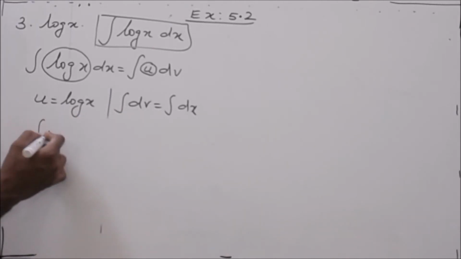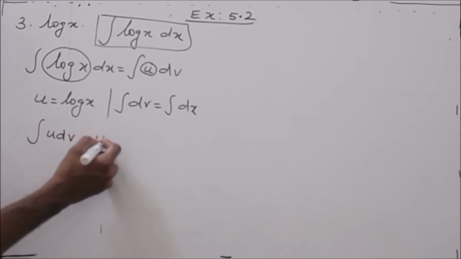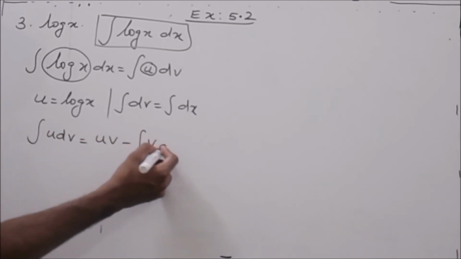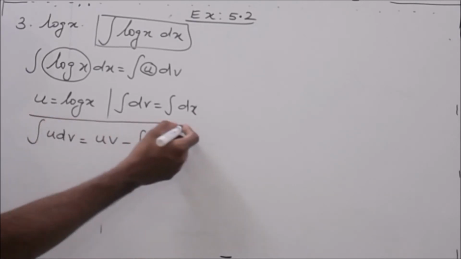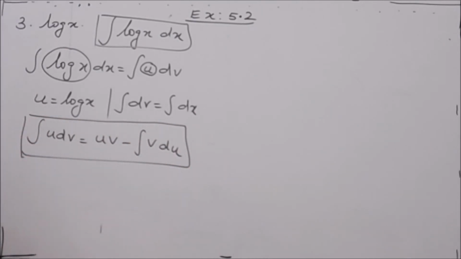If the function chosen as u reduces to 0 at some point of successive differentiation, you can choose the Bernoulli formula. Otherwise, it is not possible.